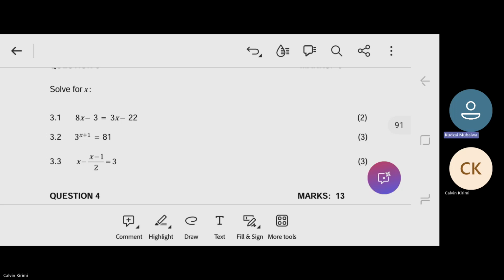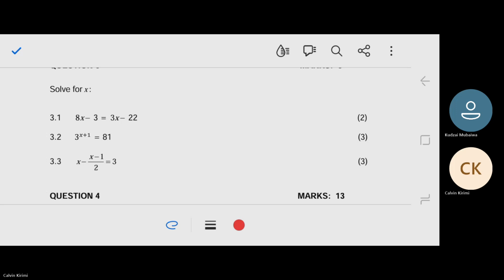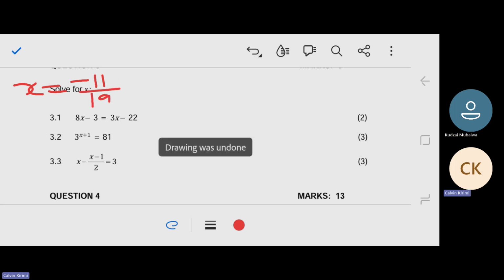Sir, I got x as negative 11 over 19. X is equal to what? Negative 11 over 19. Like this. No, sir. The negative is for both of them. Negative what?